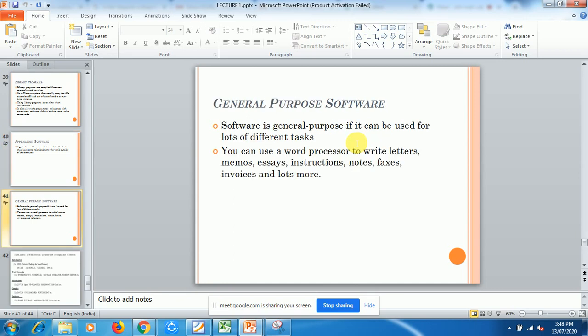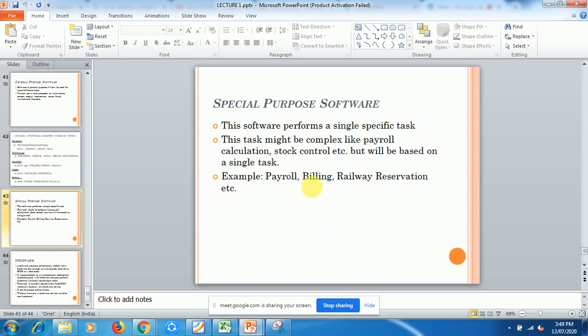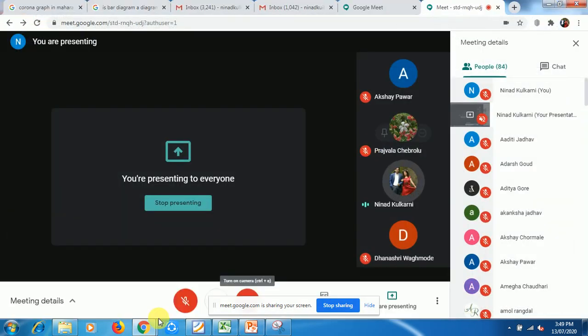These are divided into general purpose software, and special purpose software, that is payroll, billing, railway reservation, etc. And the firmware is installed in the hardware so that the hardware can run. Okay, this was lecture number 1.